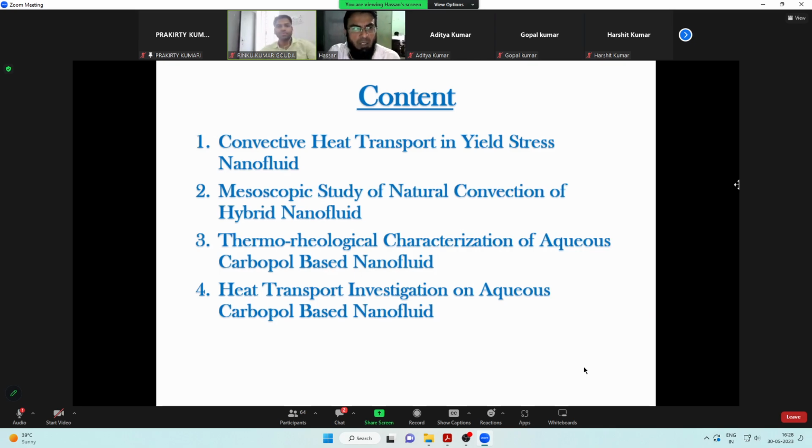What does that mean? That means 0.05 part in 100 units, or 0.05 gram in 100 grams. If I talk in terms of mass, that means 0.5 gram in 1 liter of fluid. Just 0.5 gram of nanoparticles in a fluid makes that fluid a nanofluid. And the flow behavior of that nanofluid becomes complex.